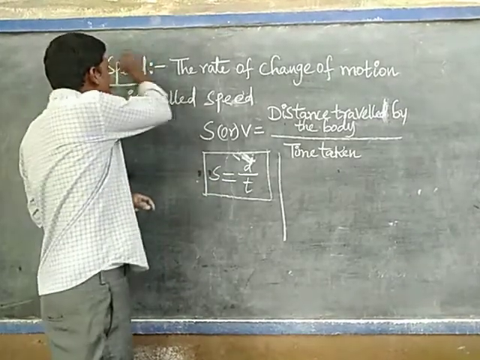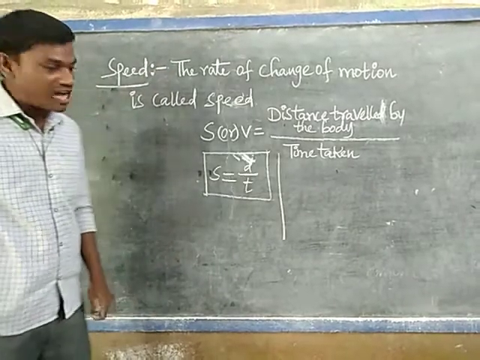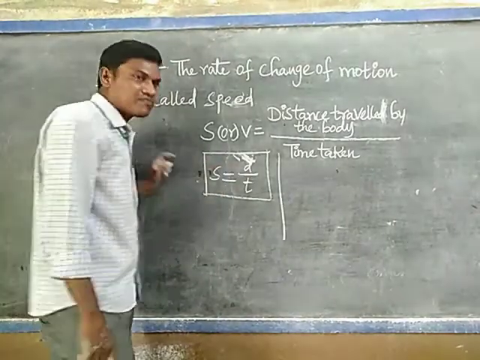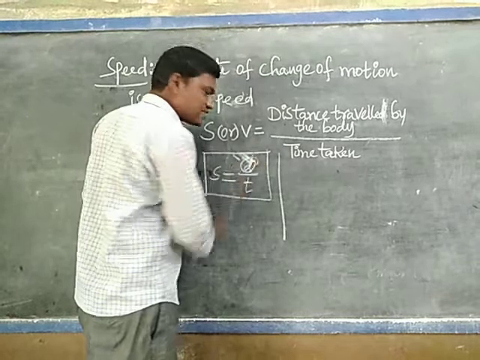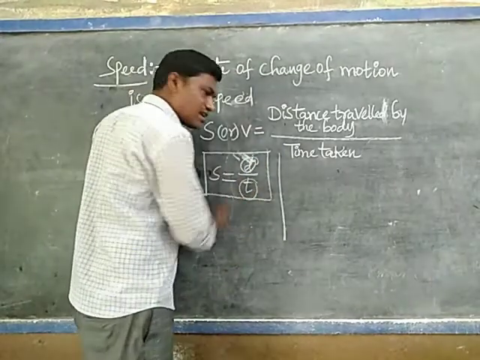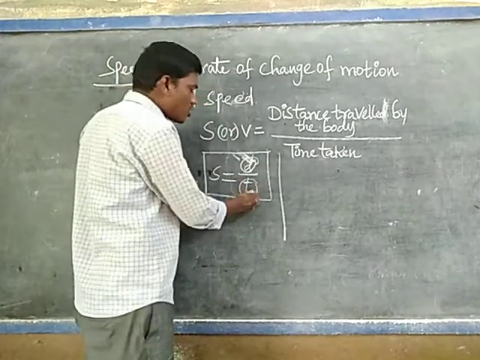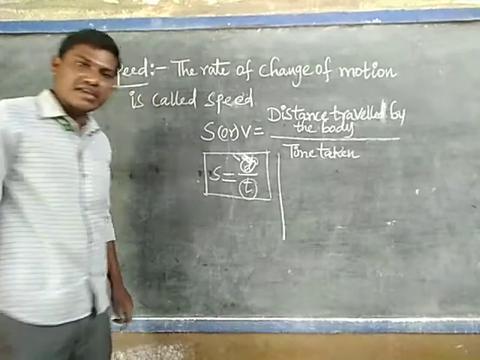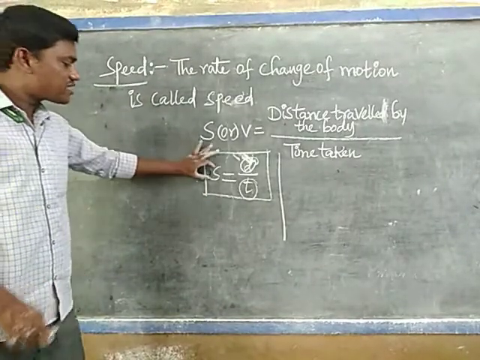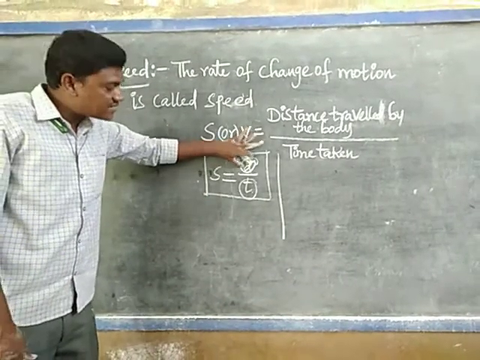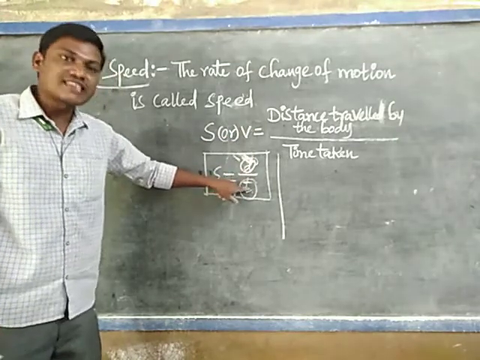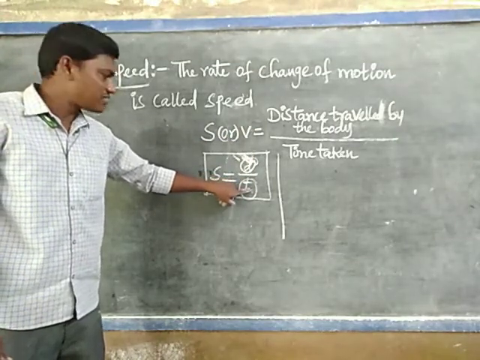How can we say speed is a scalar quantity? In the formula we observe that distance is a scalar and time is a scalar. The ratio of two scalars is a scalar. In the case of speed we consider distance and time, and these two are scalars only. Are you understanding?